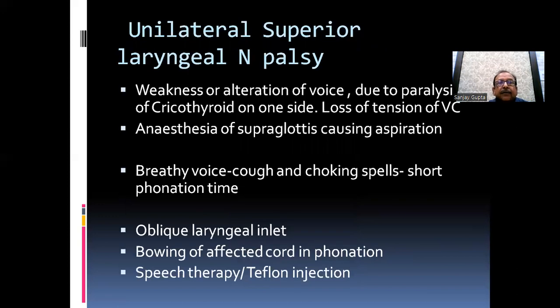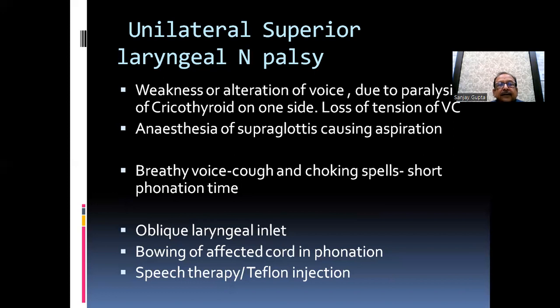Now let us talk about different types of vocal cord paralysis and which nerves cause these paralyses. First of all, unilateral superior laryngeal nerve palsy. There is weakness or alteration of voice due to paralysis of cricothyroid on one side and loss of tension of the vocal cord, because cricothyroid, which is supplied by the external branch of superior laryngeal nerve, is a tensor of the vocal cord.